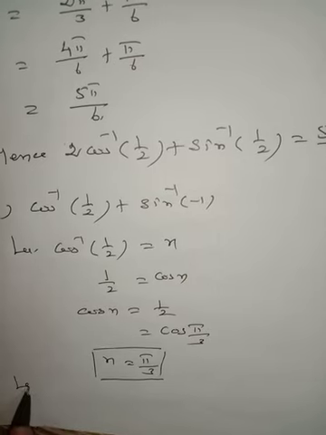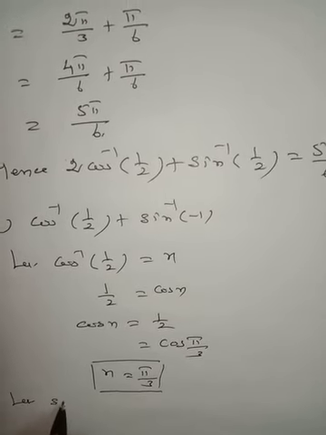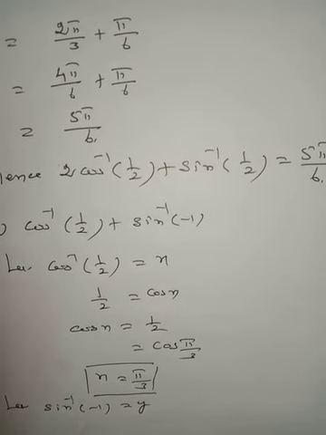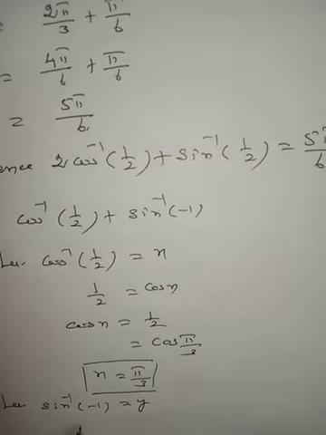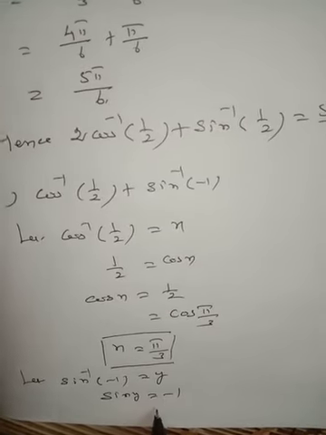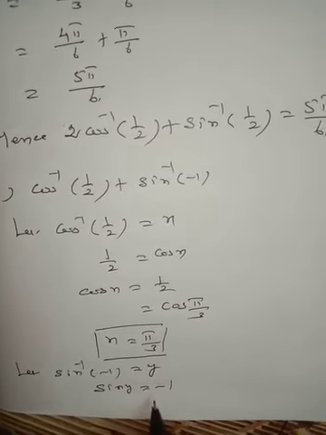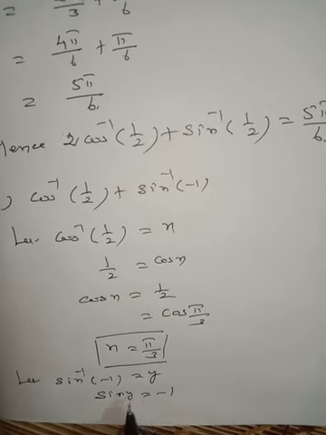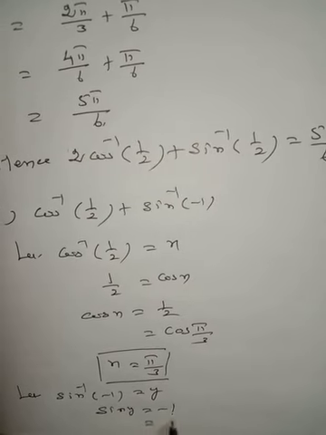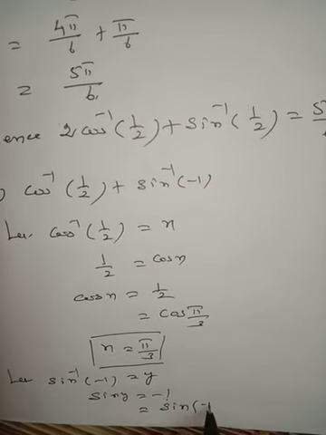Next, let sine inverse of minus 1 is equal to y. So sin y is equal to minus 1. Sin y is equal to minus 1 in terms of sine of minus pi by 2.